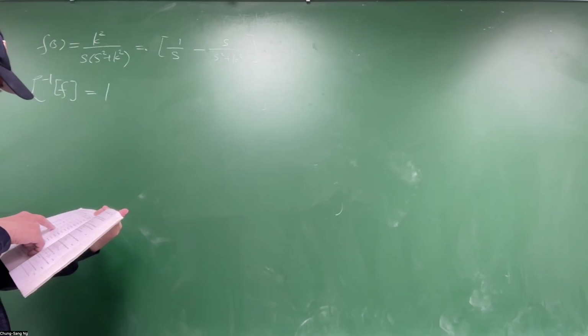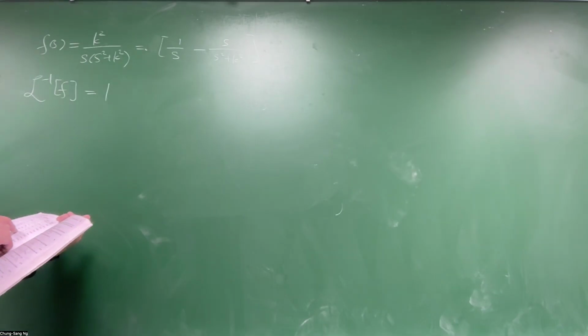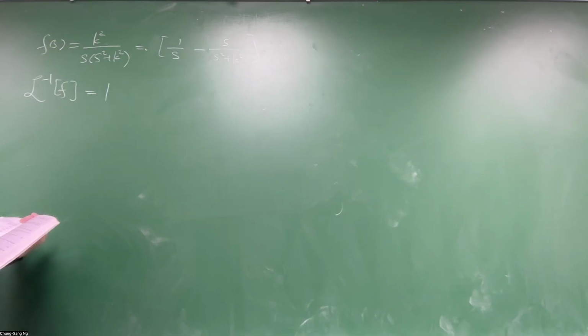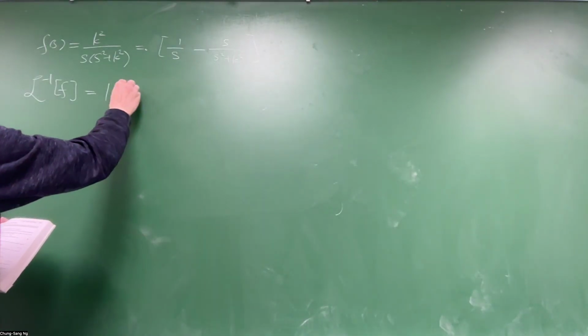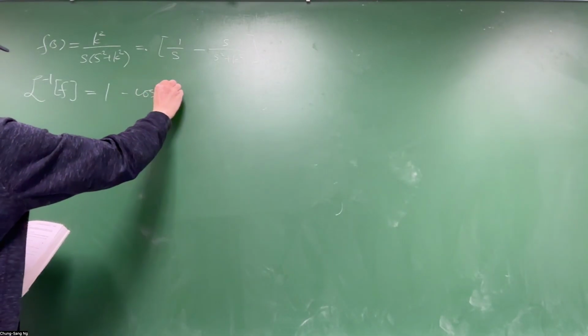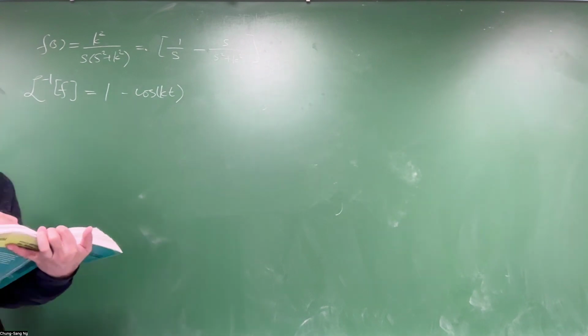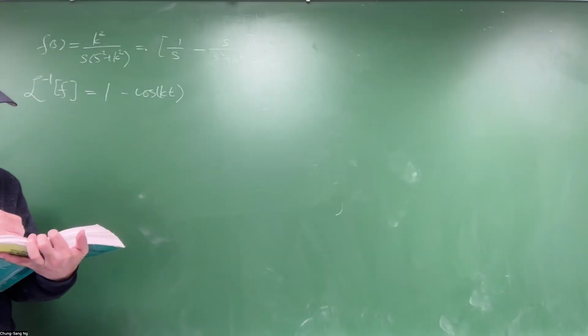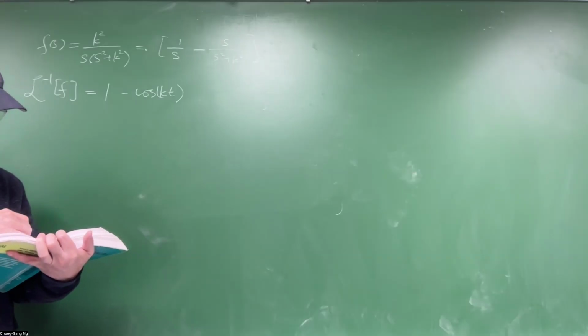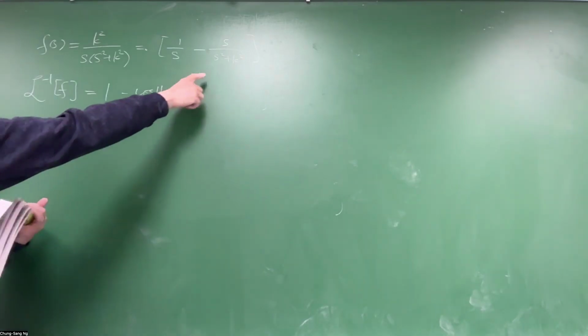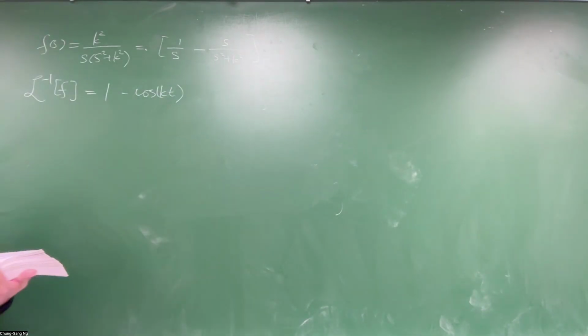So it's cosine kt. This one minus this one. That's really trivial.